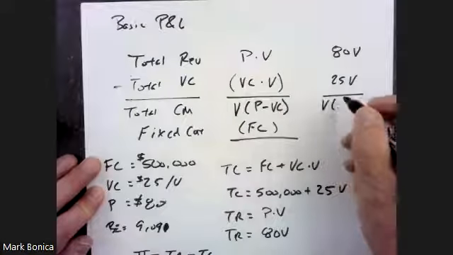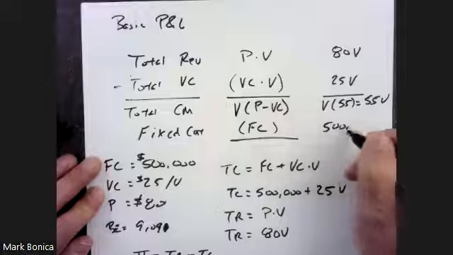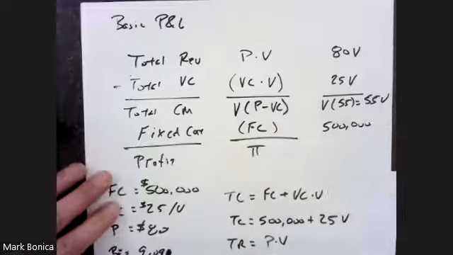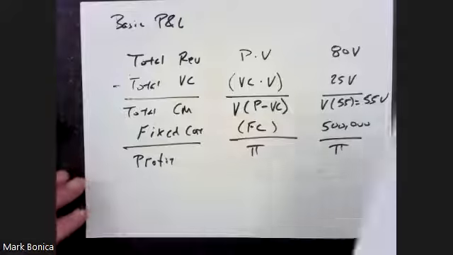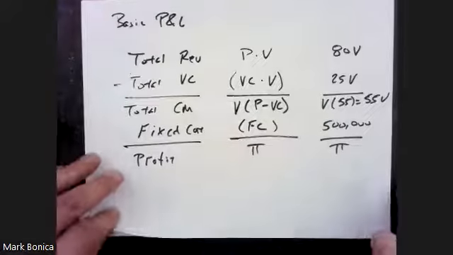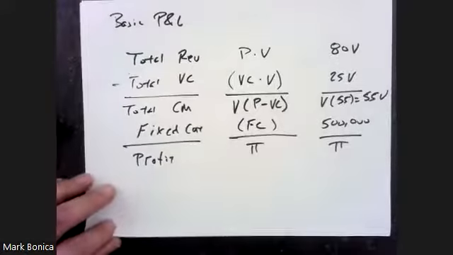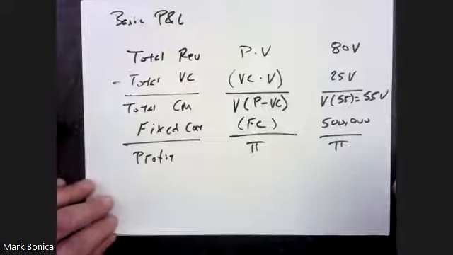Our fixed costs are 500,000. And that gives us our profit. So subtract.